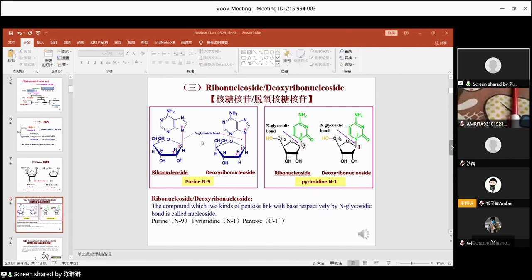You should remember this, okay? For the definition of ribonucleoside and deoxyribonucleoside, they are compounds in which 2 kinds of pentose are linked with bases respectively by the N-glycosidic bond. And this compound is called the nucleoside.